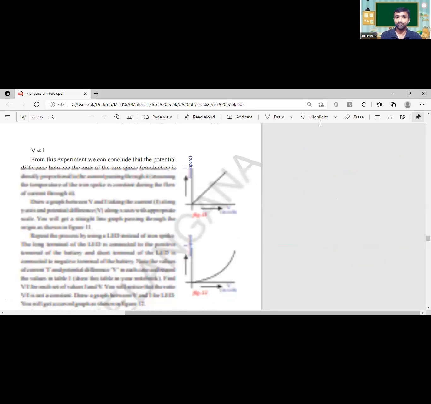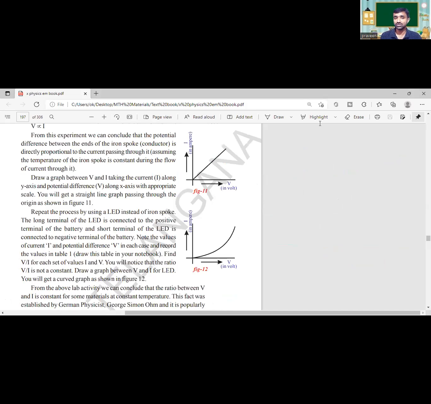Look at that graph, right? This is the graph you are getting between voltage and current, voltage versus current graph. You will get this for iron spoke or any metal.